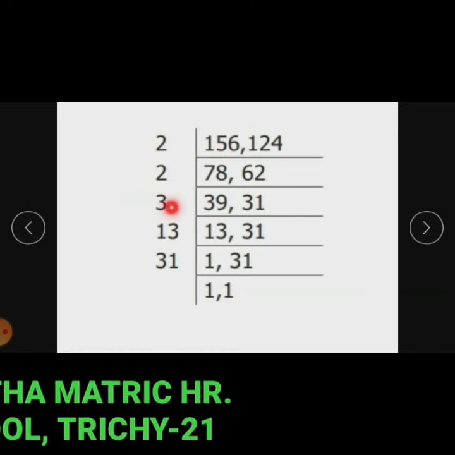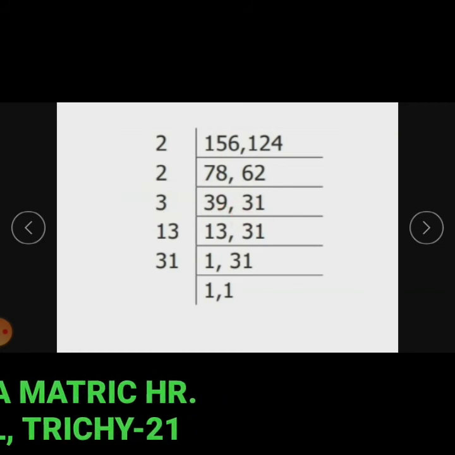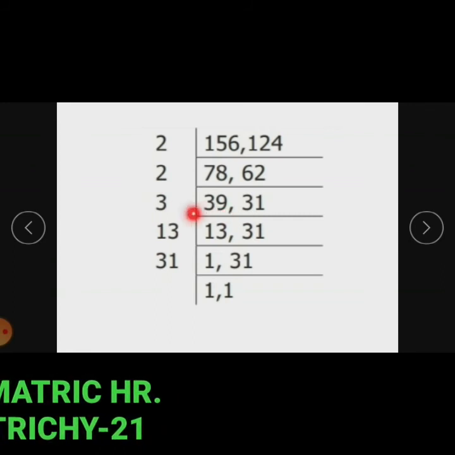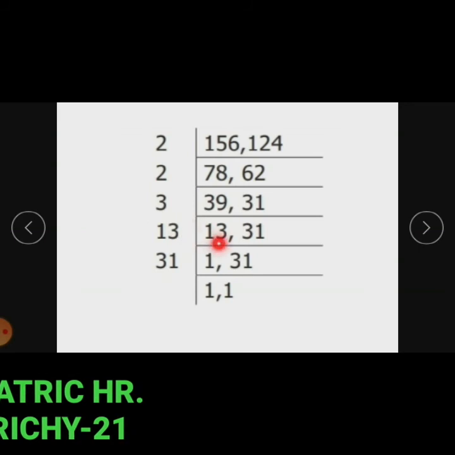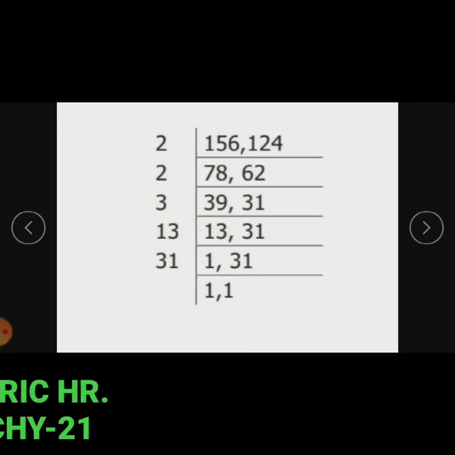Divided by 2, we get 39 and 31. Here 39 is a composite number which is divided by 3, we get 13. 31 is a prime number. 13 is also a prime number which is divided by 13, we get 1. 31 is divided by 31, we get 1.